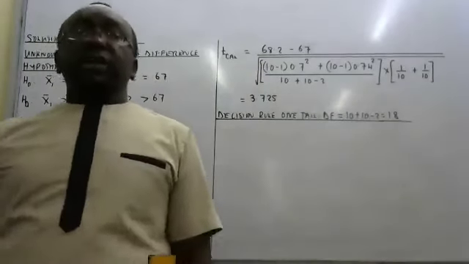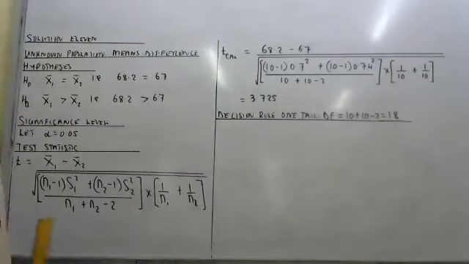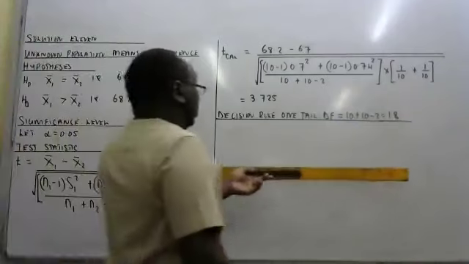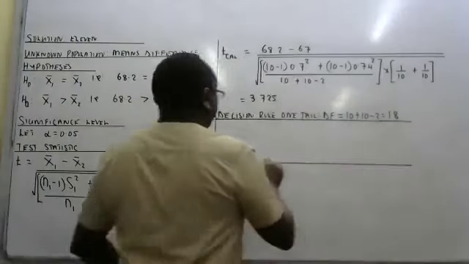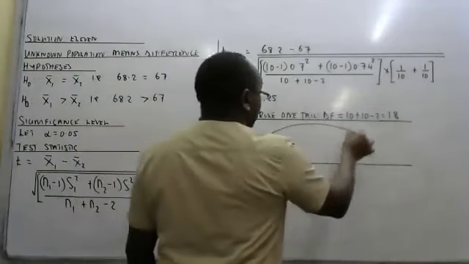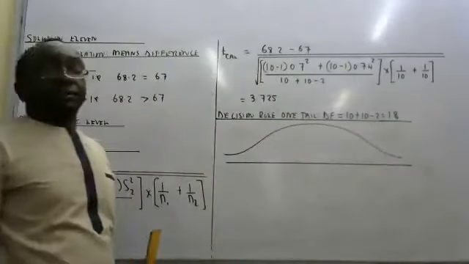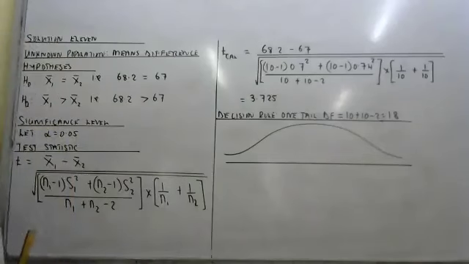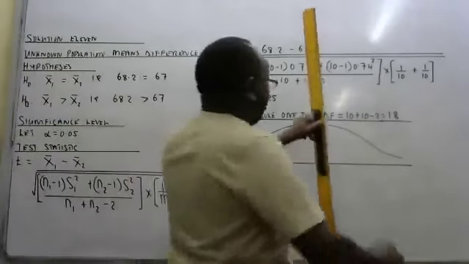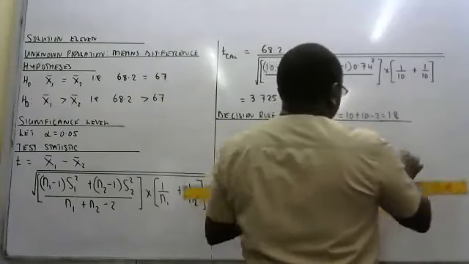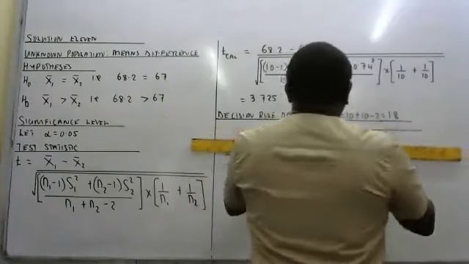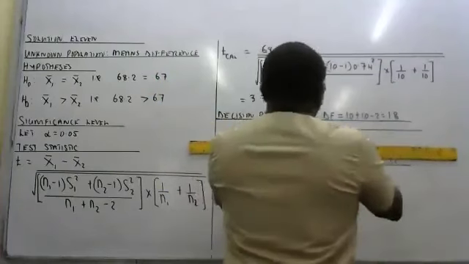Those are the degrees of freedom. With that, you come and draw your table. And because your tail is on the higher side, we are looking for this one here.